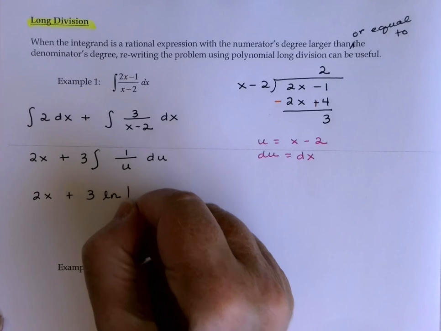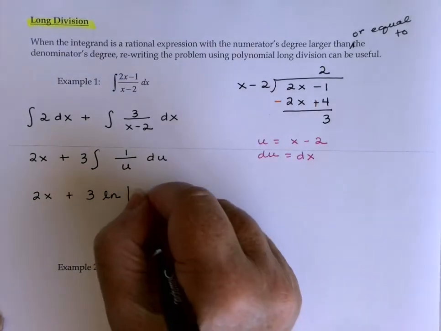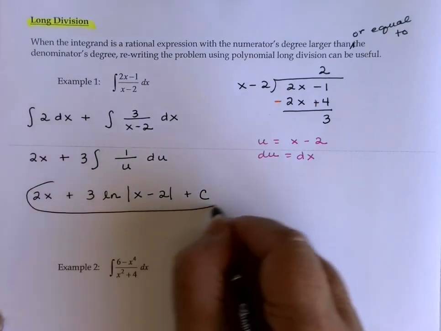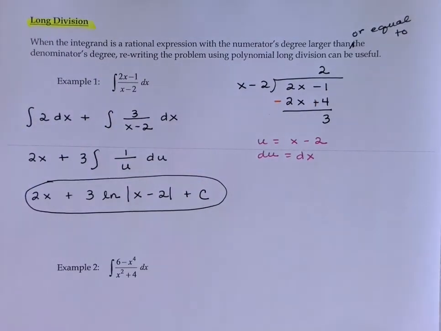It would be 3 times the natural log of u, or in other words, the natural log of x minus 2. So not too bad.